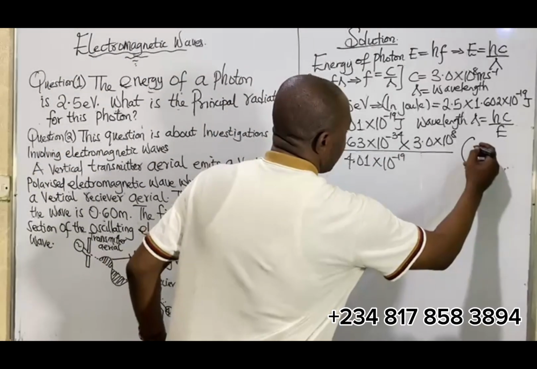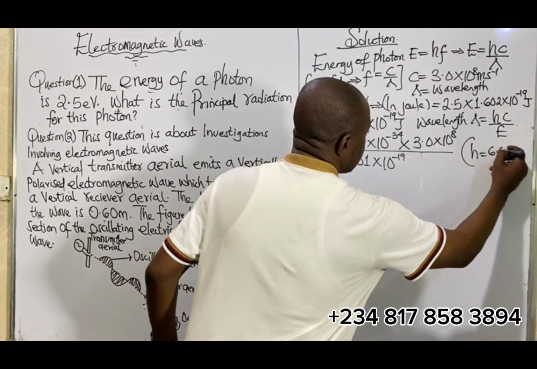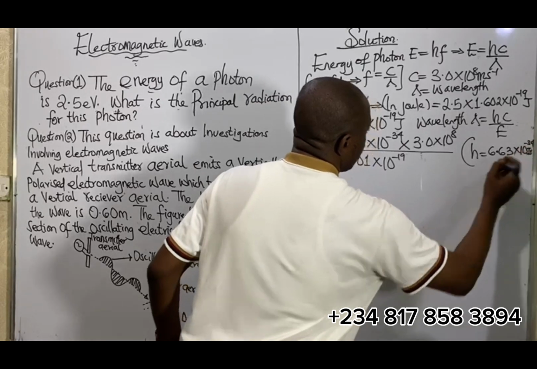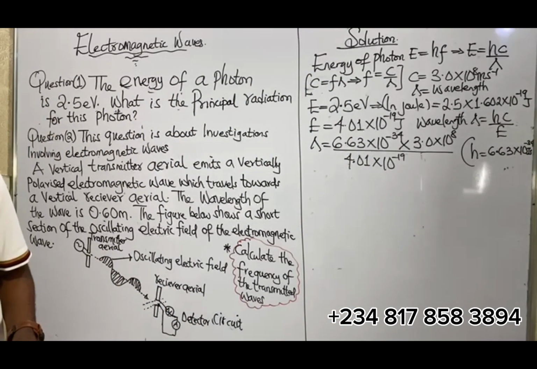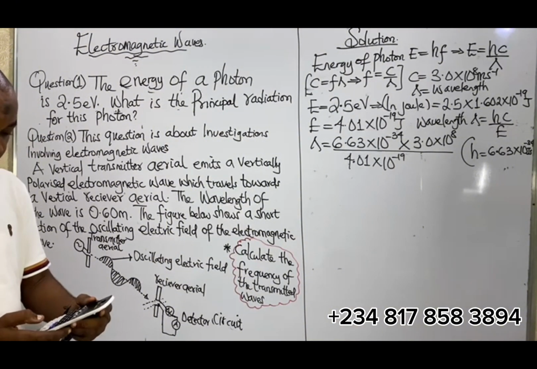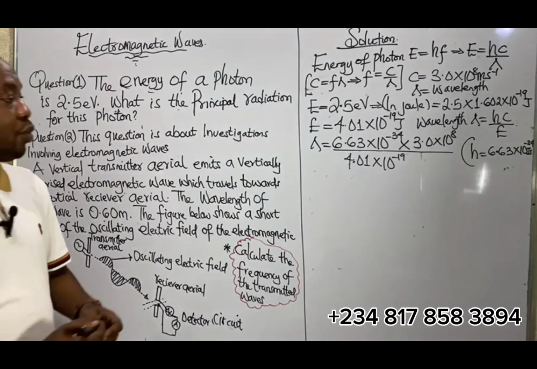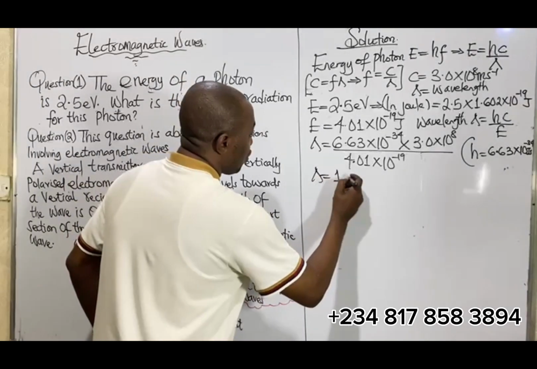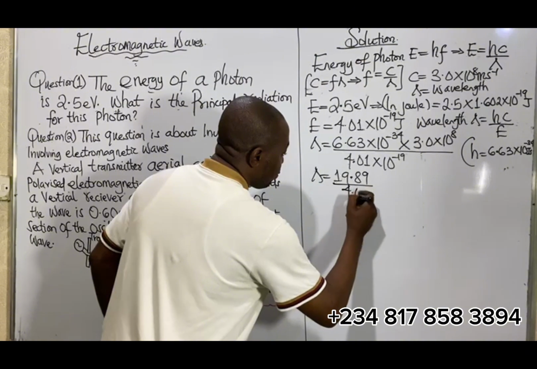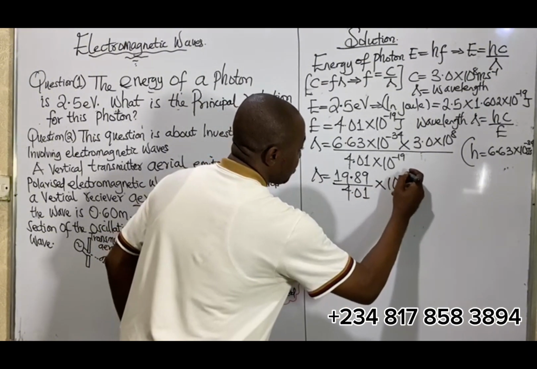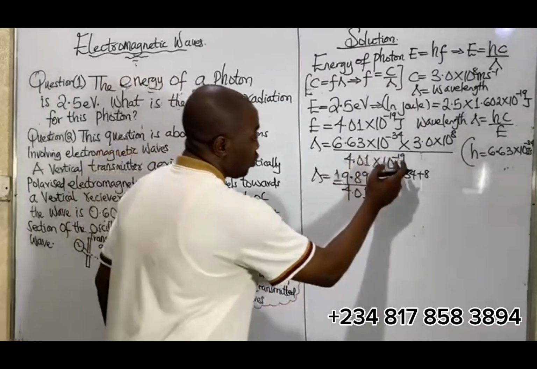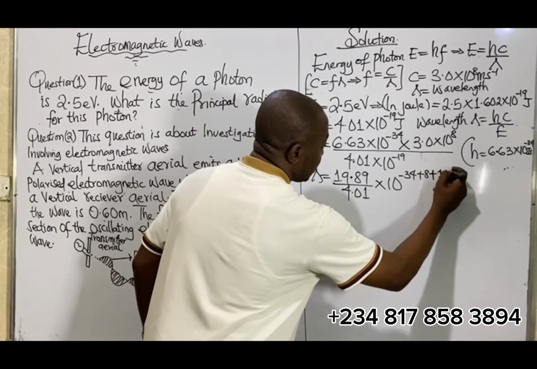Don't forget that Planck's constant is 6.63 times 10 raised to the power of minus 34 joule seconds. Now 6.63 multiplied by 3 gives 19.89. Dividing by 4.01 times 10 raised to the power of minus 19, we combine the powers of 10 as minus 34 plus 8, and moving the denominator's power up gives plus 19.